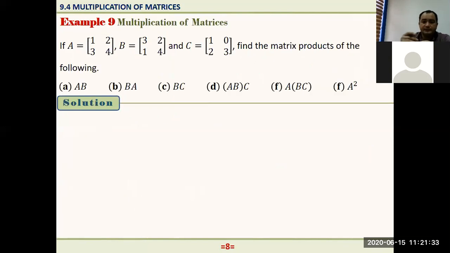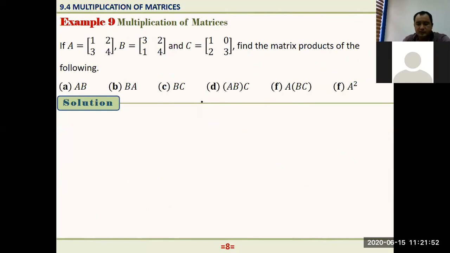Another example. I think I will finish today's class with this example. We have 1, 2, 3, 4, 5, 6 questions. These are all 2 by 2 matrices, so all these multiplications are possible. By doing this, we are going to prove a few theorems.